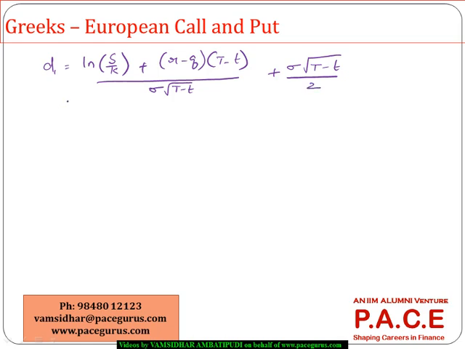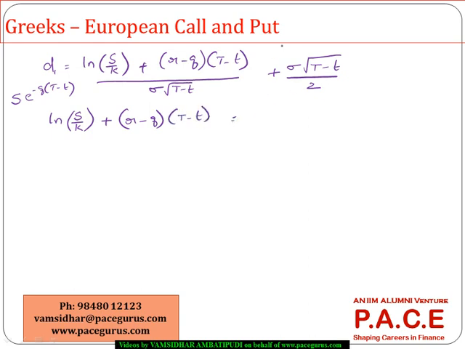So because of that, what I can very well write, earlier we have come out with log S by K when I have to find out S e power minus q into T minus t. It has worked out to log S by K plus r minus q times T minus t.